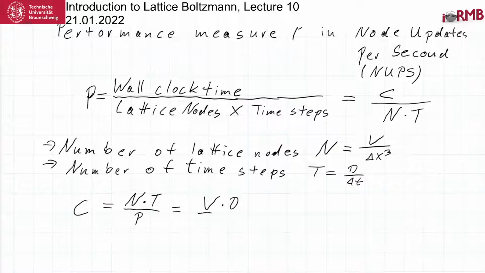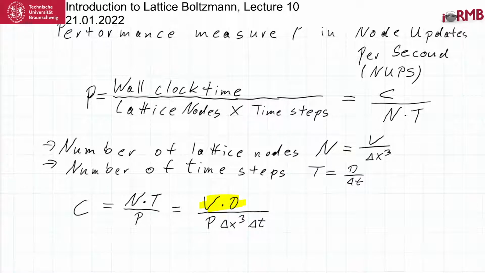Yeah, there's nothing we can change about this. This is divided by P and delta x cubed and delta t. So now we see how we can influence our problem. So the terms up here are the physical problem. We cannot change them. So this is the given problem that we want to solve.